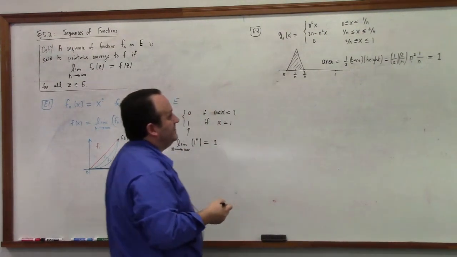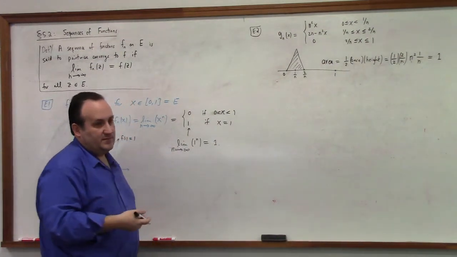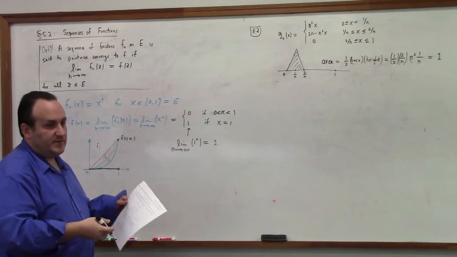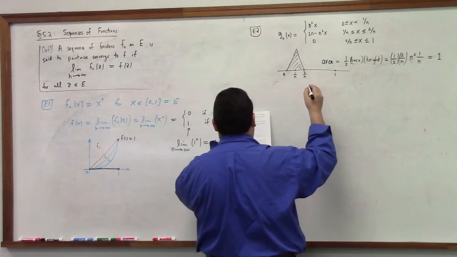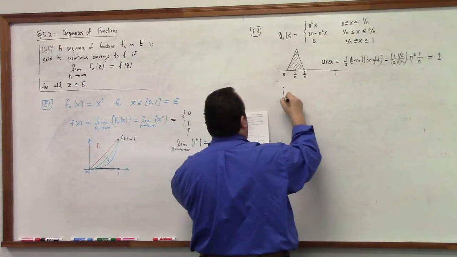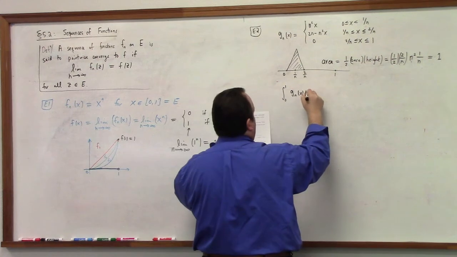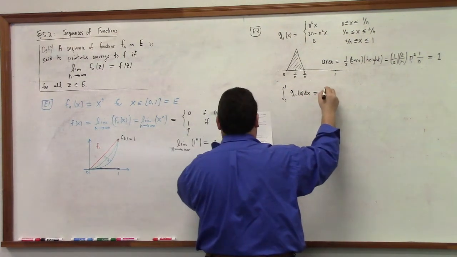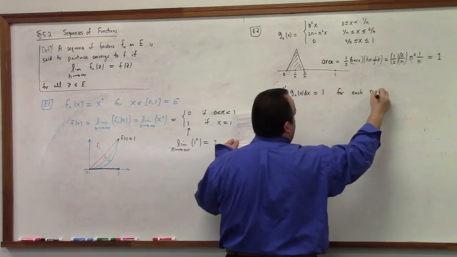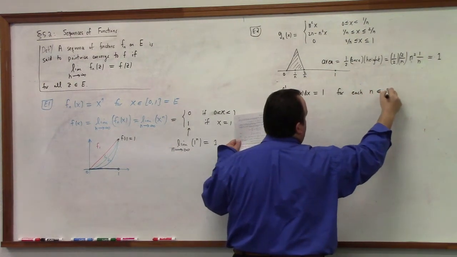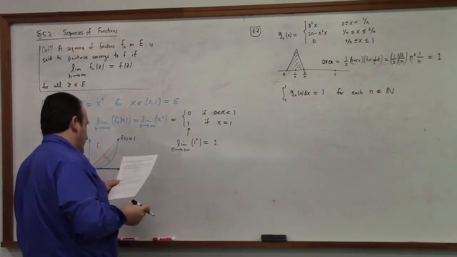So the area of each one of the functions in this sequence from 0 to 1 is just 1, right? In other words, we have the integral from 0 to 1 of gn of x dx is just 1 for each n in the natural numbers. So let's put this together here.